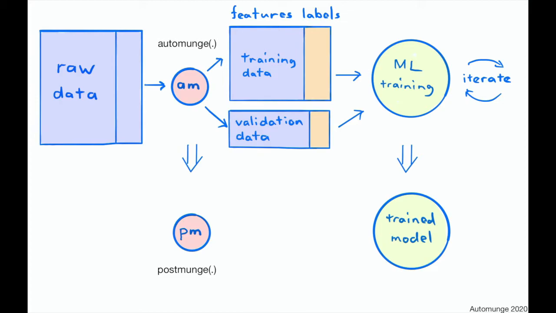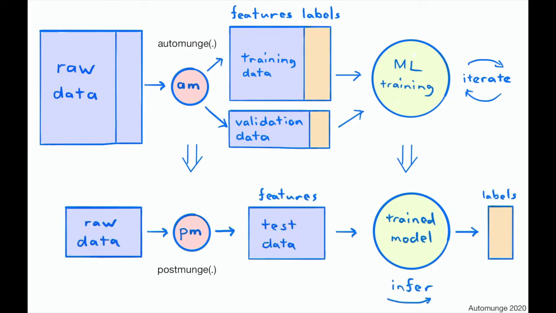The application of the Automunge and postmunge functions in this workflow is now depicted. Automunge, here abbreviated as AM, receives a raw dataset which may not be ready for machine learning, such as, for instance, not fully numerically encoded or having missing data points requiring infill. Through the application of the Automunge function, that data is segregated into training and validation sets, each consistently prepared with feature engineering transformations and infill for ingest by the machine learning training operation.